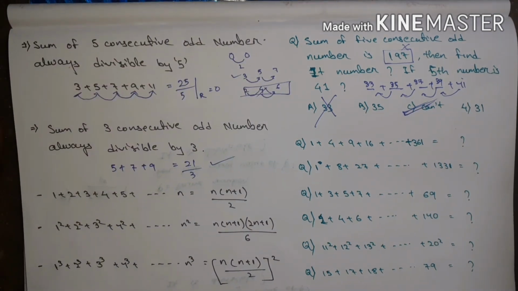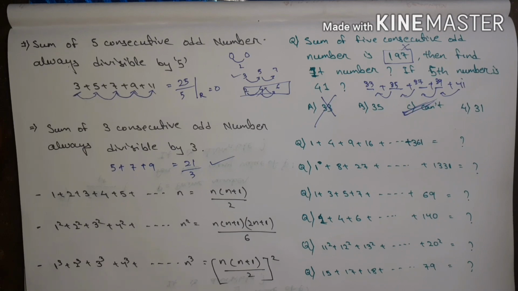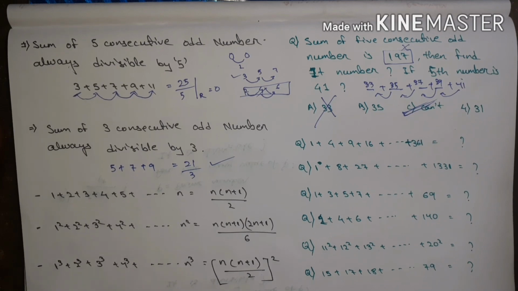1 plus 3 plus 5 plus 7. What is it? This is all odd numbers. Sum of odd numbers plus dot dot dot 2n minus 1. What is the last term? Last term is 2n minus 1. 2n is an even number. Even number minus 1 should be an odd number.